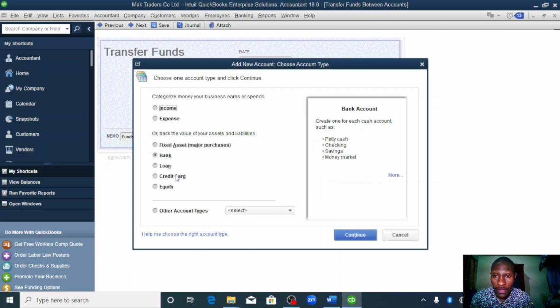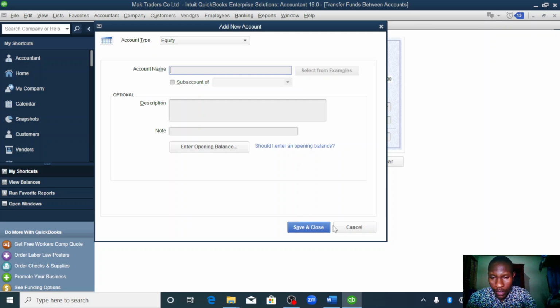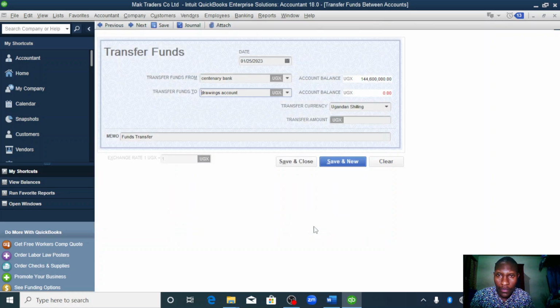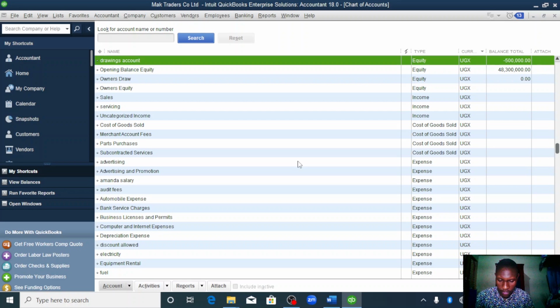We are going to add it there. It is under equity. We continue. We call it drawings account. We save and close. It is 500,000. We save and close. Get done with the transaction.